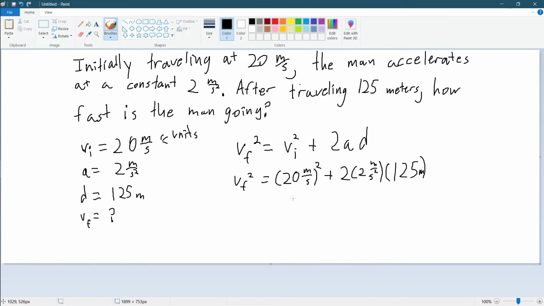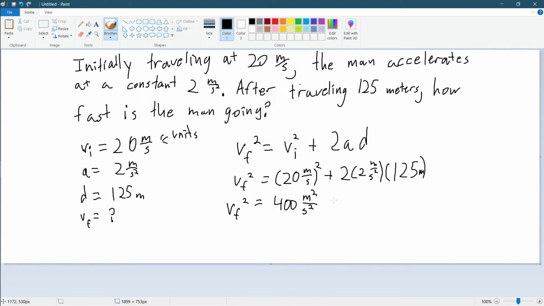So 20 meters per second squared would be 400 meters squared per second squared. Oh, don't worry, we still have this. And I'm pretty sure during the New York State Regents exam, you don't need to put in the units after you initially plug them in, but better safe than sorry.